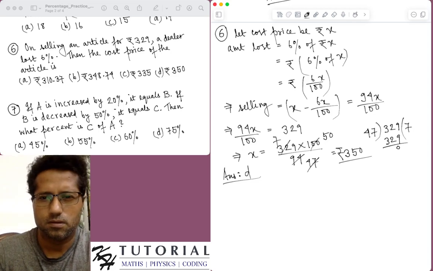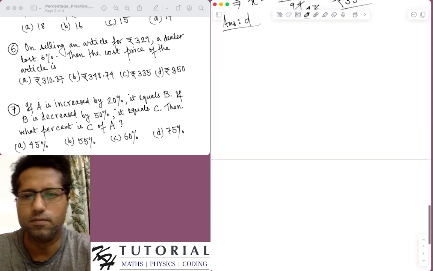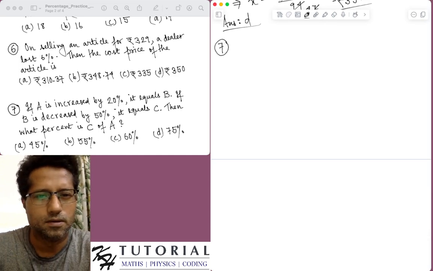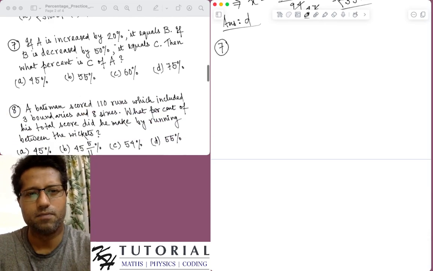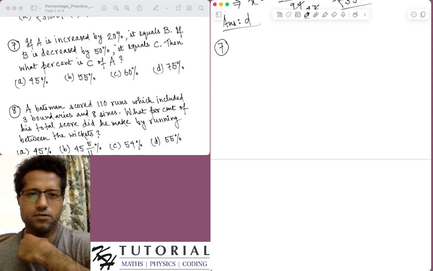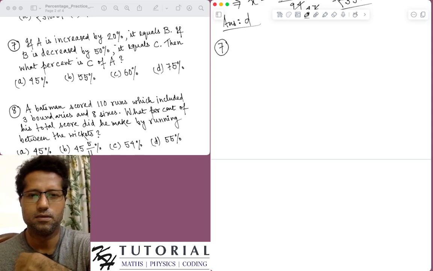Okay, let's do problem number 7. It says that if A is increased by 20%, it equals B. If B is decreased by 50%, it equals C. Then what percent is C of A?